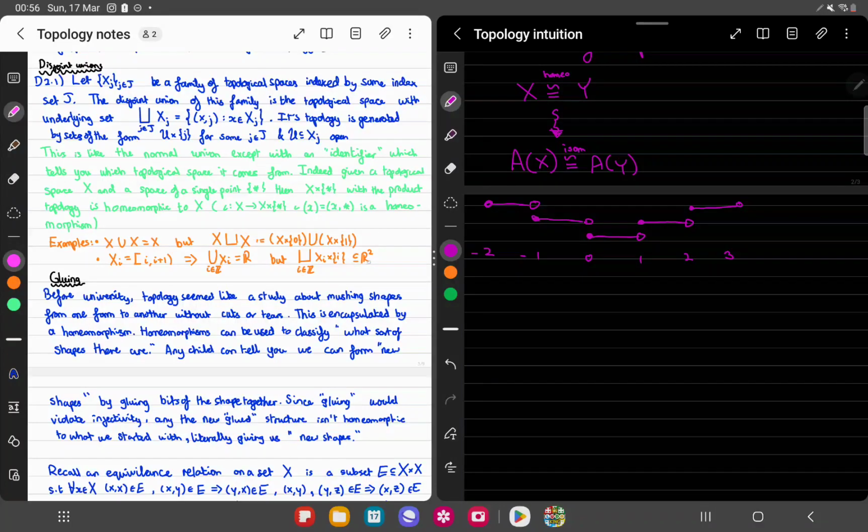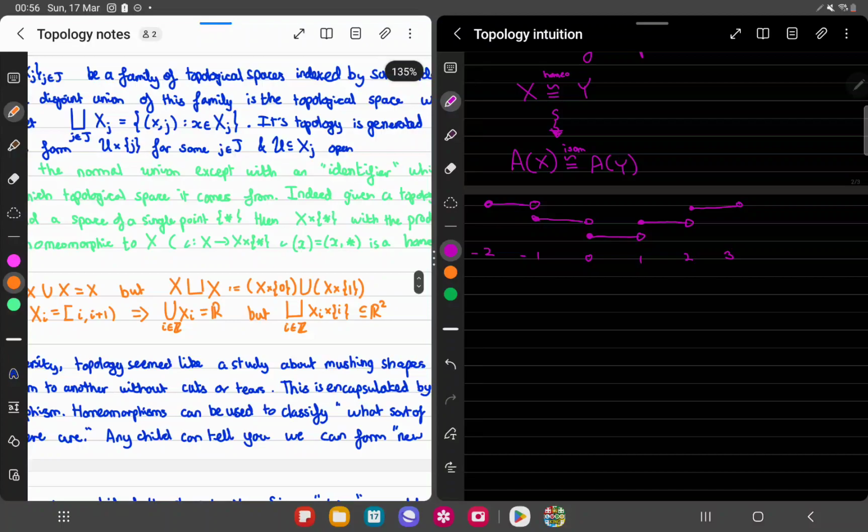The disjoint union, however, of the x_i, oh, maybe I wrote this wrong. Okay, yeah, I could probably fix this. The disjoint union of the x_i's is just supposed to be the union of (i, x_i) for i in Z, such that x_i is identified with i.